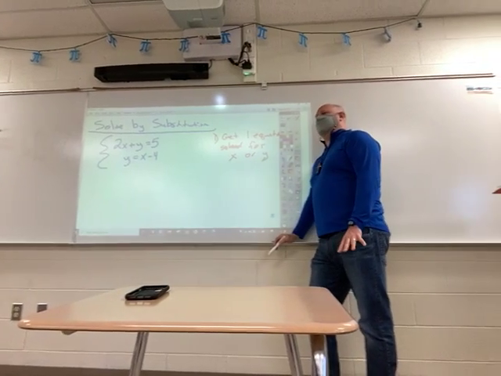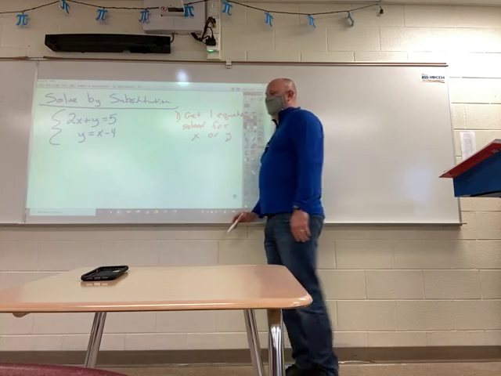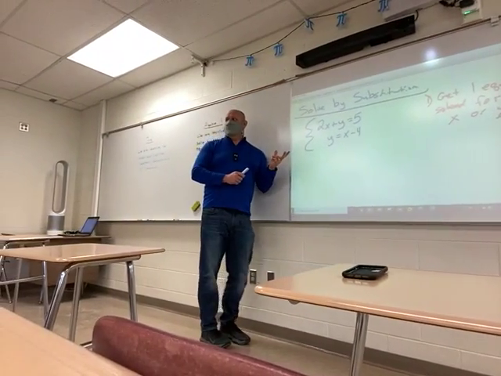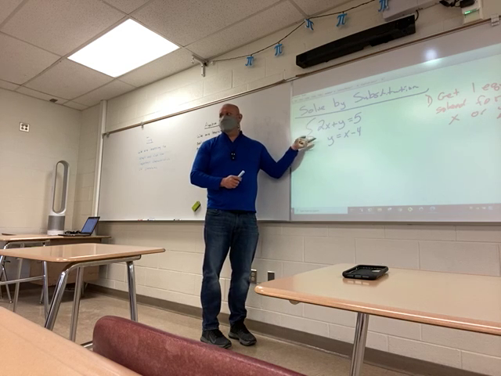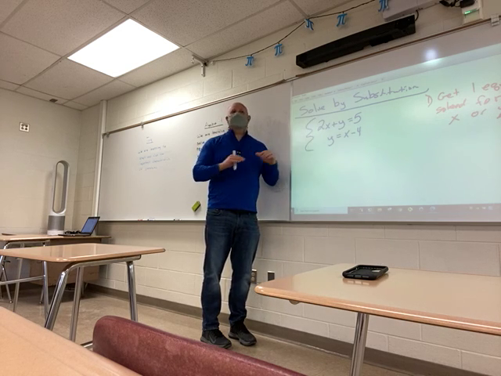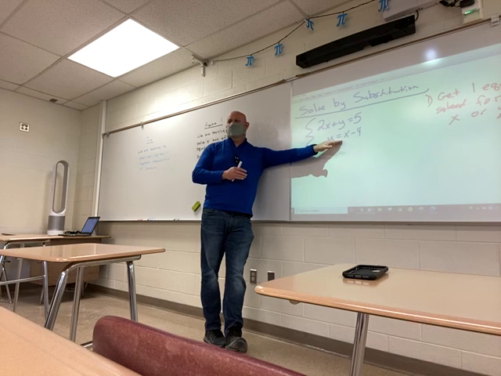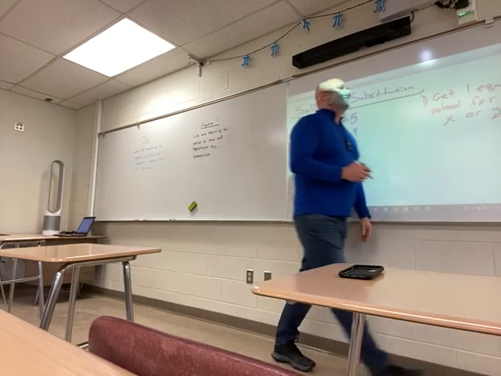It doesn't matter what it's solved for, but you have to get x or y by itself. In this system that I gave you, is that step already done for you? Yeah. Isn't that equation already solved for y? Cool. It doesn't matter which equation it is or which variable it is. You just got to get one of the two equations where one of the two variables, the x or y, is by itself.